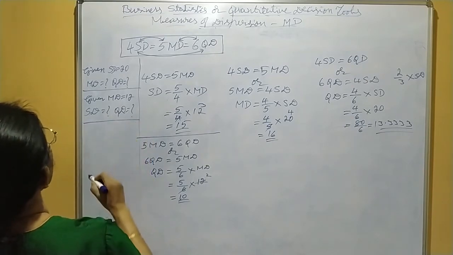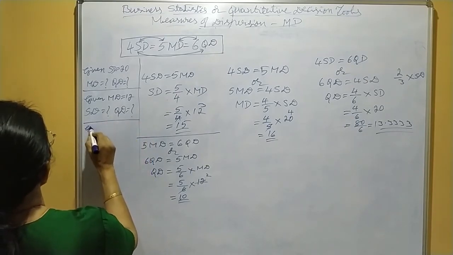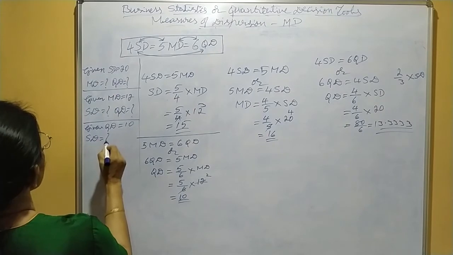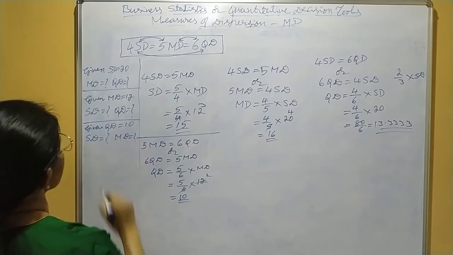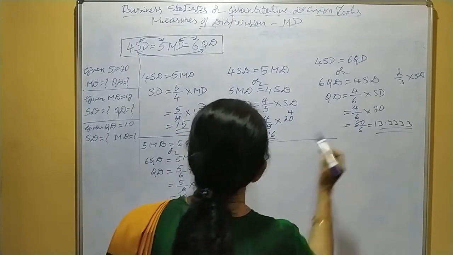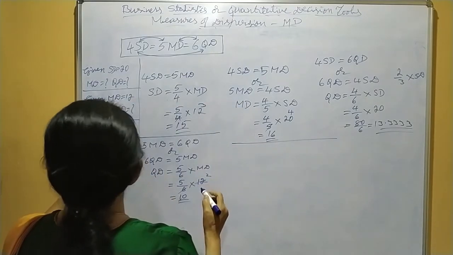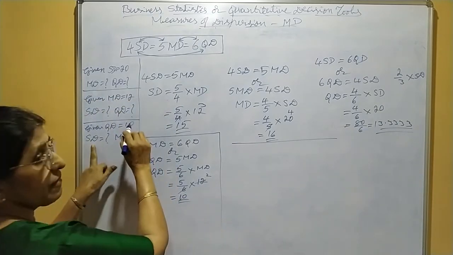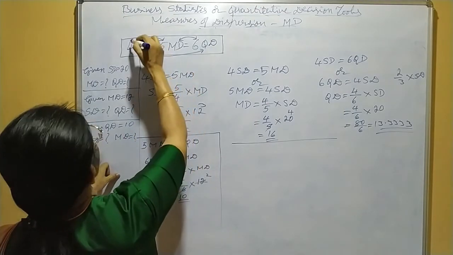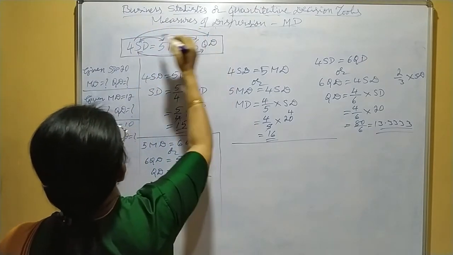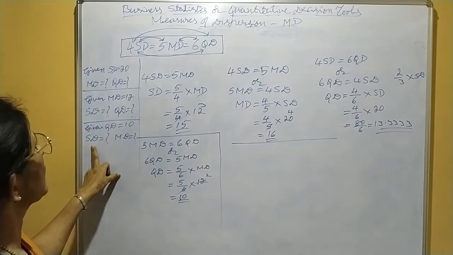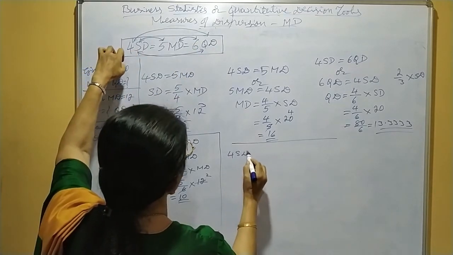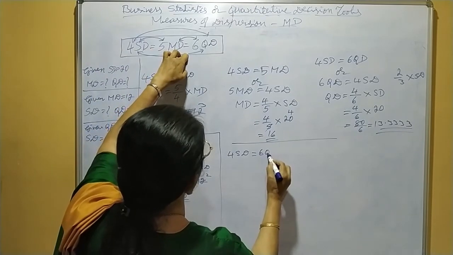Okay. Now next one, you may be given quartile deviation. Given quartile deviation equals 10. You are asked to find out standard deviation and mean deviation. First take standard deviation. We have to find out standard deviation. Given quartile deviation, that means we have to take the relation between standard deviation and quartile deviation, isn't it? That is 4SD equals 6QD.